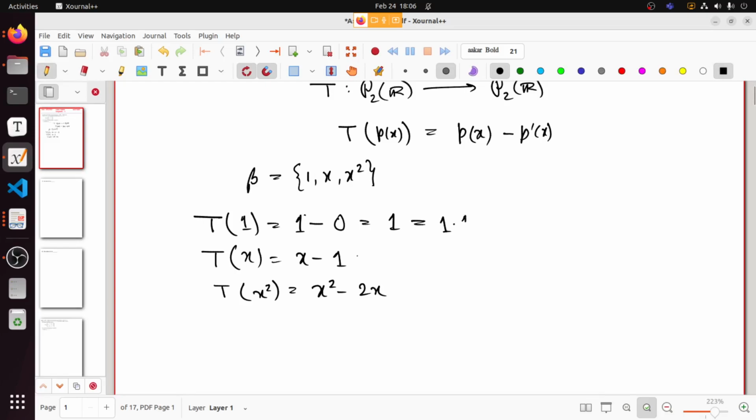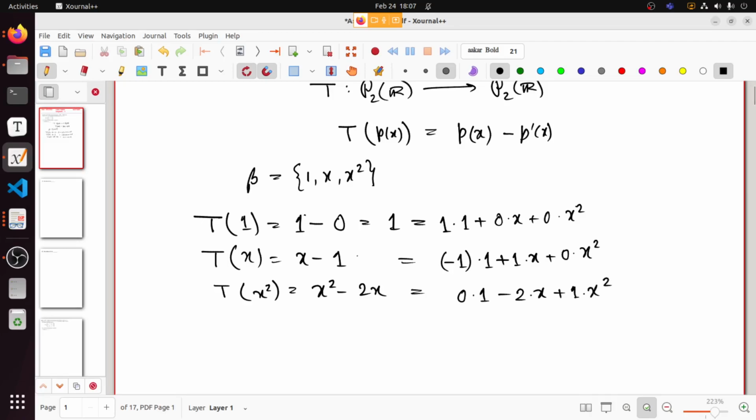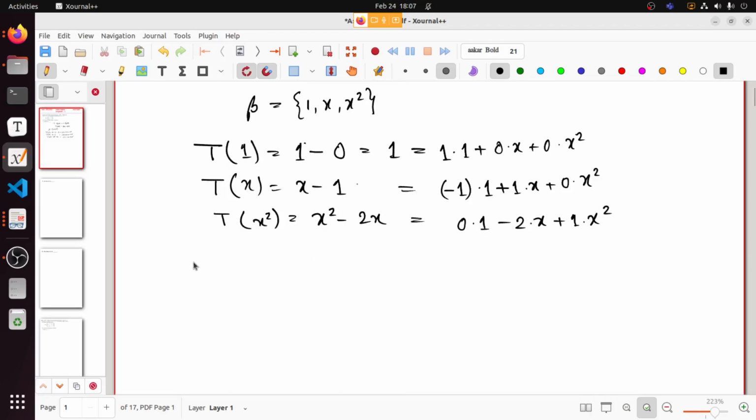So 1 dot 1 plus 0 dot x plus 0 dot x squared, right? Then minus 1 dot 1 plus 1 dot x plus 0 dot x squared. And this we can write as 0 dot 1 minus 2 dot x plus 1 dot x squared, right?